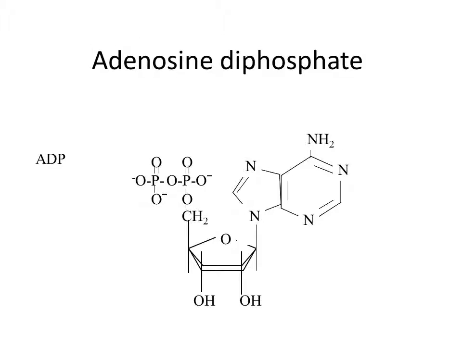And you probably already know that this is how energy is transferred from one place to another in your cells, that ATP will be changed to ADP by losing a phosphate, and when that occurs, a tremendous amount of energy is released, and your cell functions will use that energy for metabolic processes.